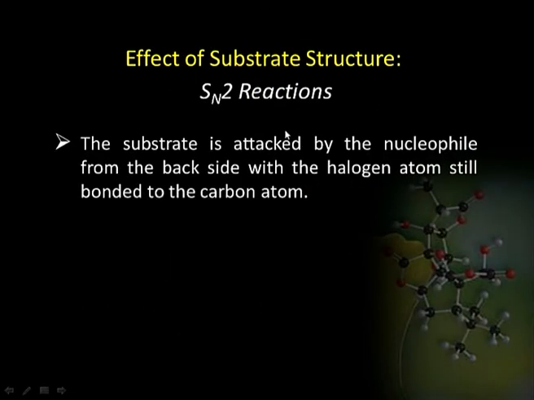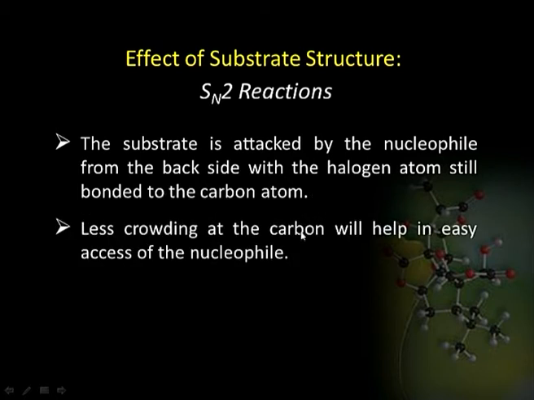Now, the effect of substrate structure on SN2 reactions. The substrate is attacked by the nucleophile from the back side with the halogen atom still bonded to the carbon atom. Therefore, less crowding at the carbon will help in easy access of the nucleophile.